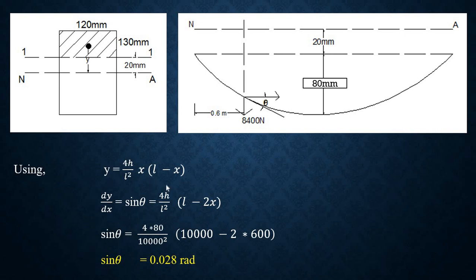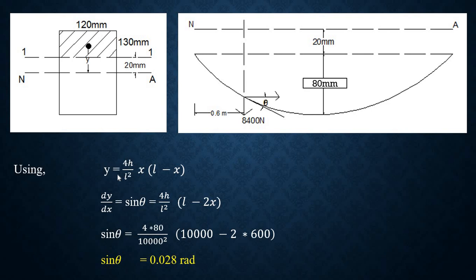And also we require slope in a formula. In further formula we have a sine theta. So to find out that sine theta, we can use this dy by dx. How we are getting dy by dx? By using this deflection equation we will get dy by dx.